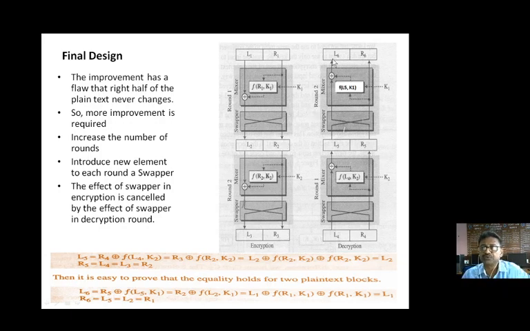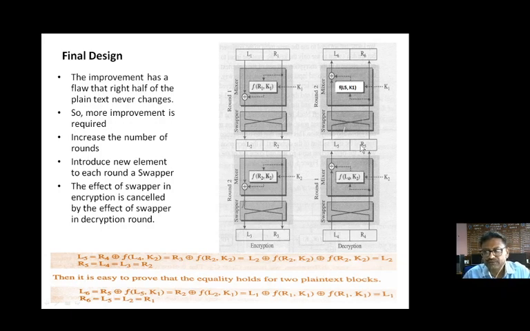Now we have to prove that L6 is equal to L1 and R6 is equal to R1. So let us find out what is the value of L6. The value of L6 is R5 XORed with F(L5, K1).